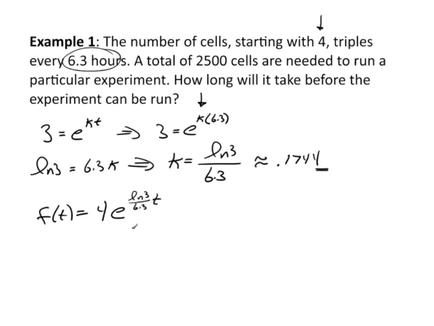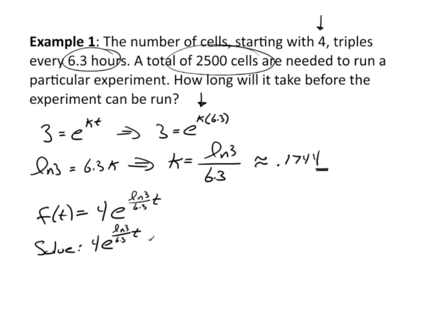Now the point here is, the question is how long does it take before I have 2,500 cells? So I need to set this equal to 2,500. So I need to solve my model, 4e to the ln 3 over 6.3 t.